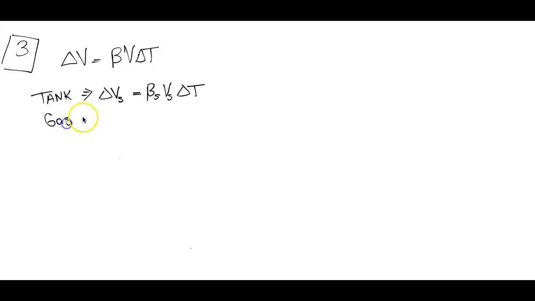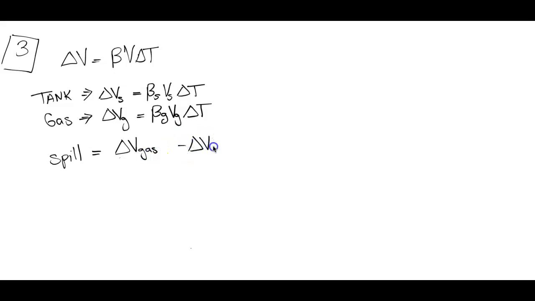And then we have the gas, which has a change in volume, delta Vg, given by beta times V sub G times delta T. And the spill then is going to be the difference between these two. So it's going to be the delta V gas minus delta V S.